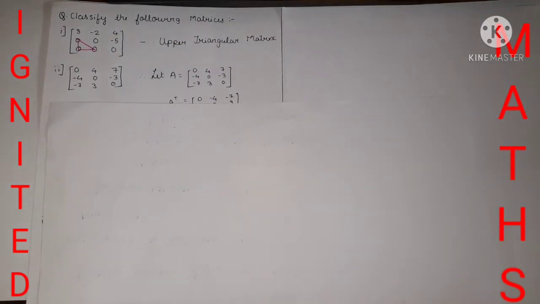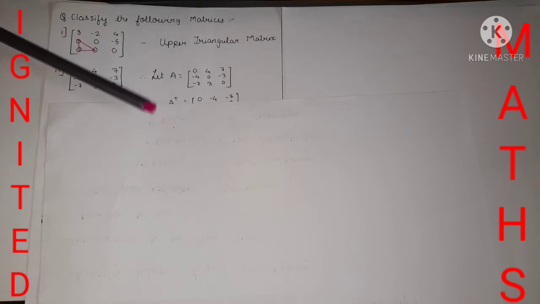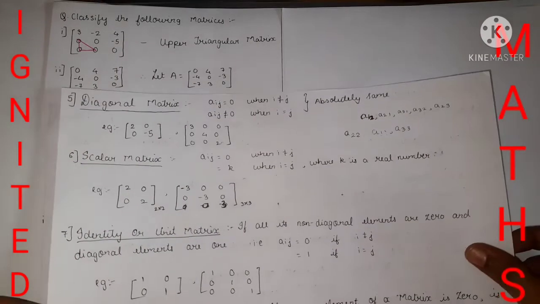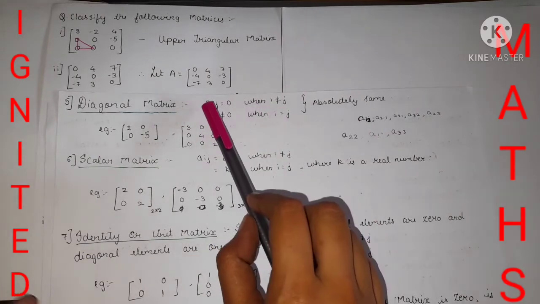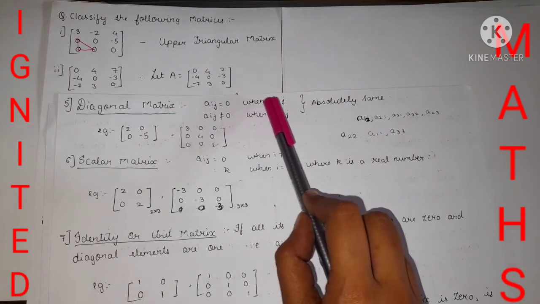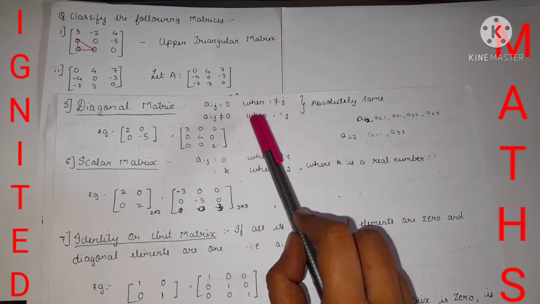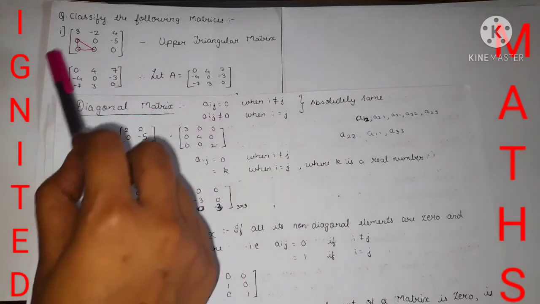Now the second question, also of order 3. You can see the diagonal elements are 0. You may think that if the diagonal elements are 0, it is a diagonal matrix. No, absolutely not, because the diagonal matrix has the condition that a ij is equal to 0 when i is not equal to j. You can apply this condition to any term.